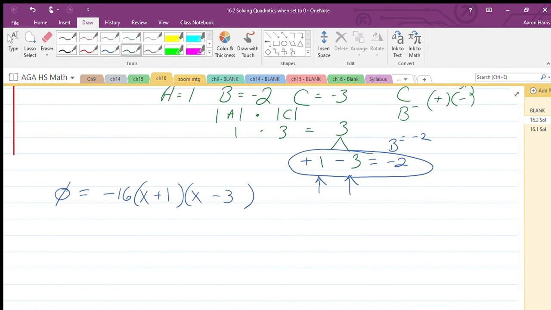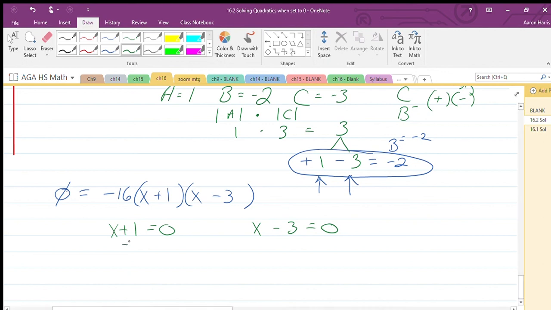And now, since it's set equal to 0, negative 16 times 0 is 0. And 0 times this is 0. So all I need to do is set t plus 1 equal to 0 and t minus 3 equal to 0. Because if either one of those is 0, then I know anything else multiplied to it is going to be 0.